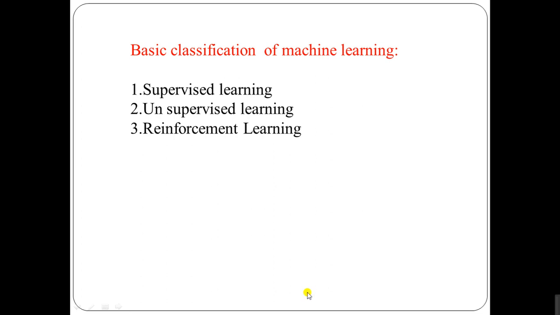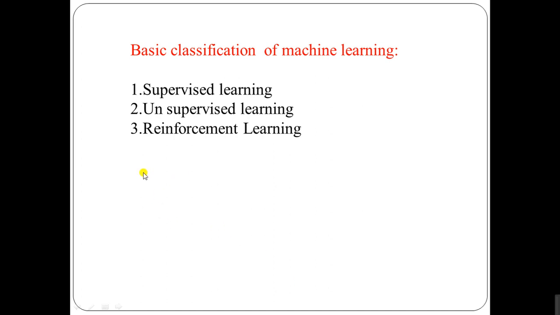Then what is unsupervised learning? Correct responses are not provided. Instead, the algorithm tries to identify similarities between the inputs so that the inputs that have something in common are categorized together. This statistical approach to unsupervised learning is known as density estimation. The third one is reinforcement learning. This is somewhere between supervised and unsupervised learning.